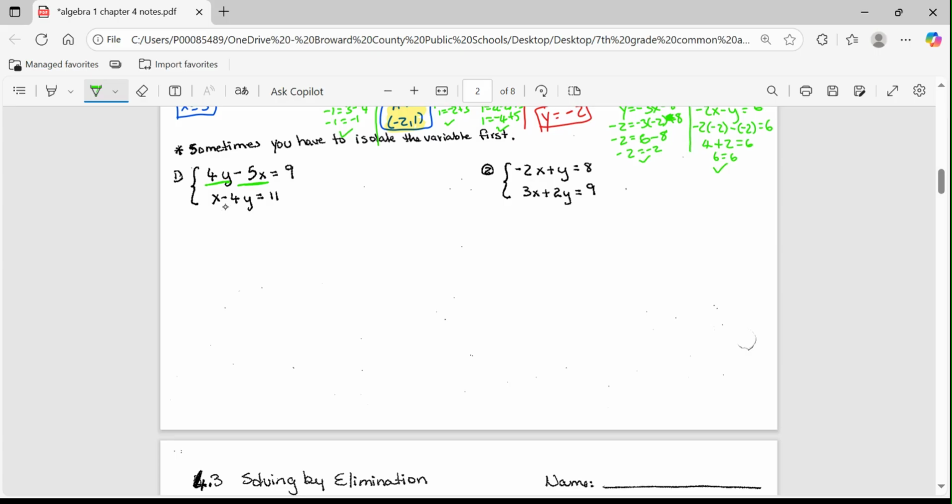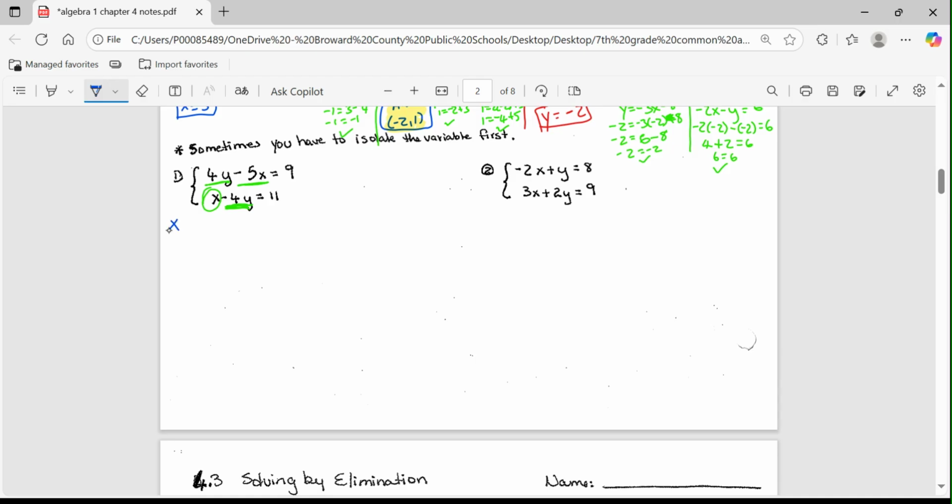I could isolate this y in the second equation, but I won't because, again, that coefficient is going to make things hard for me. So when choosing what you want to isolate, look for the variable where the coefficient is 1. That's what I want to isolate. And so I'm going to go ahead.